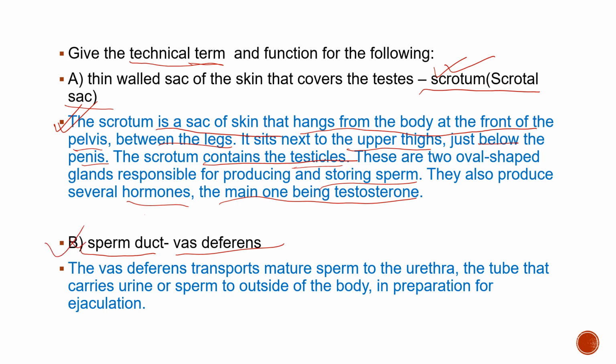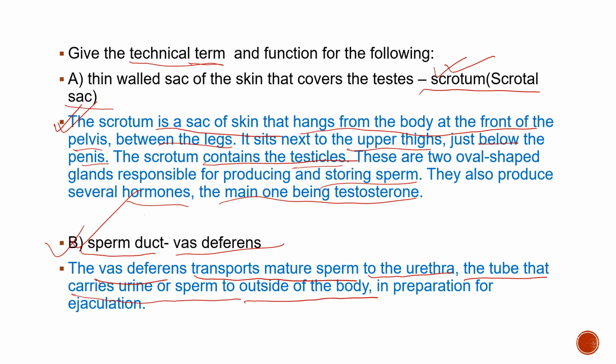Now the next one is the function of the vas deferens. Now the vas deferens, it transports the mature sperm. Now if you try to recall the structure or the diagram of the male reproductive system, you will get that it is transporting the mature sperm to the urethra, and that is the tube that carries the urine or the sperm outside the body.